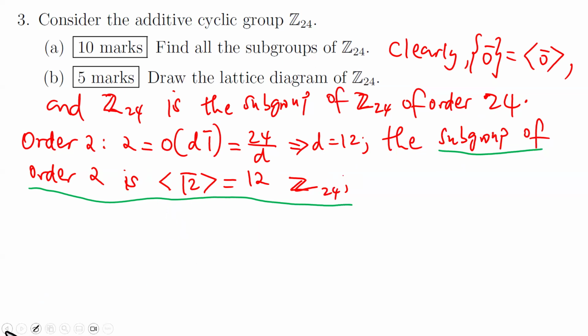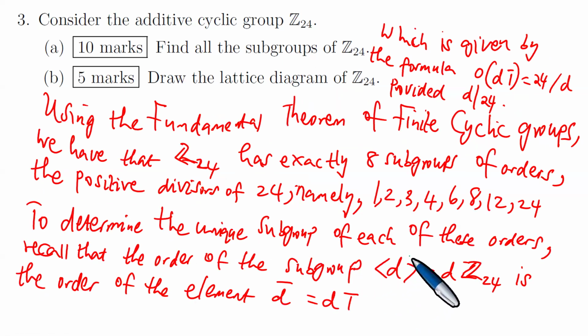Why are we mentioning this? Because now we are looking at the fundamental theorem of finite cyclic groups, and we've found these orders. We have mentioned order 24, order 2, and order 1, and then we must look at the other orders also.